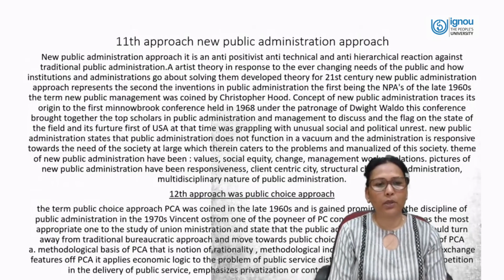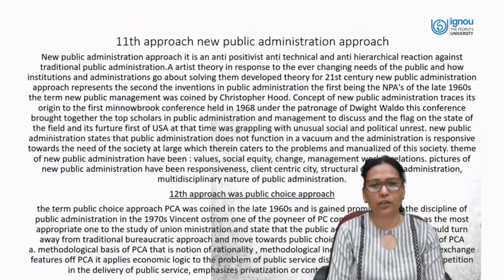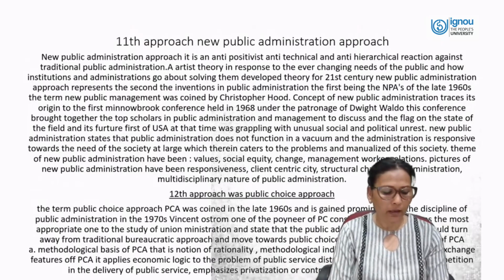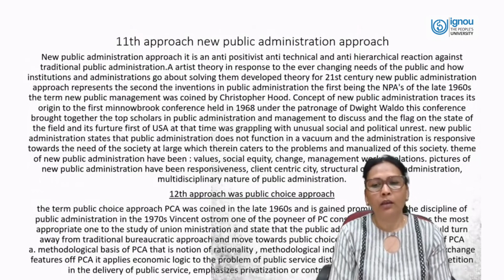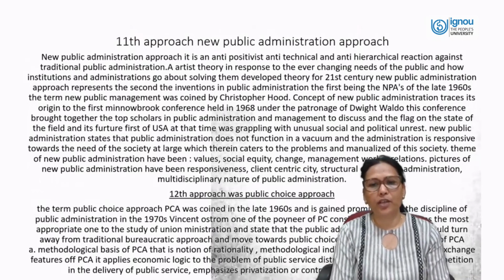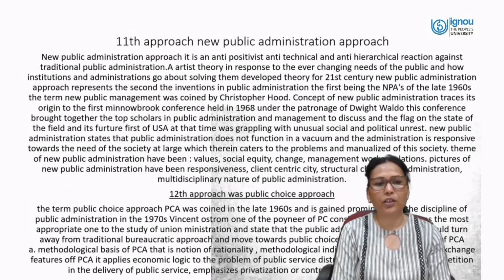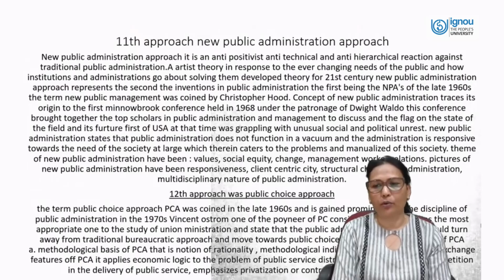The term new public management was coined by Christopher Pollitt. The concept of new public administration traces its origin to the first Minnowbrook Conference held in 1968 under the patronage of Dwight Waldo.